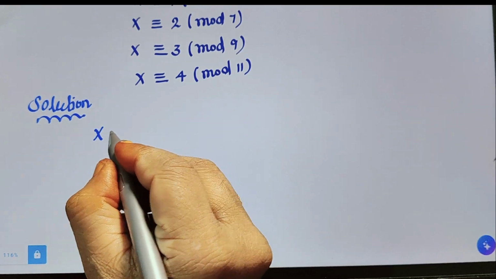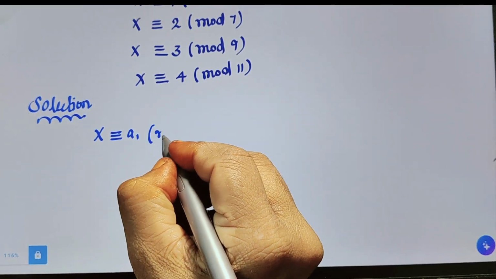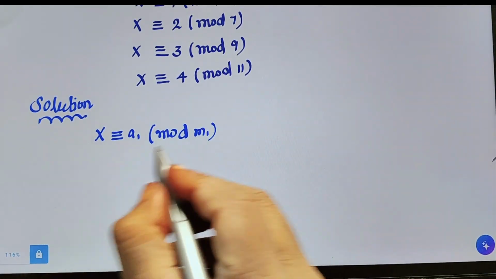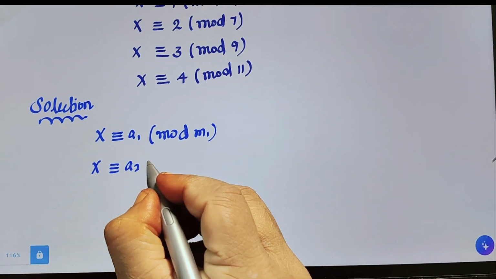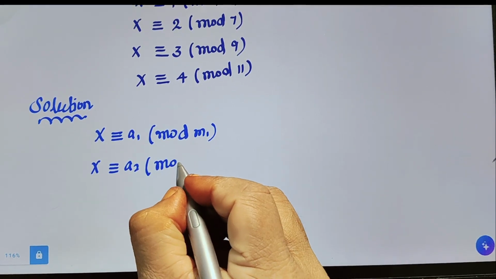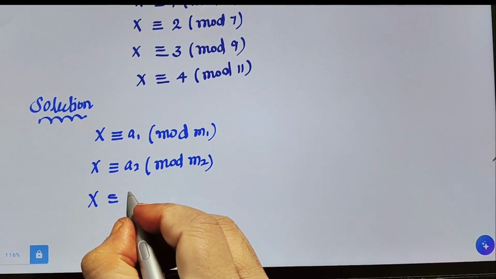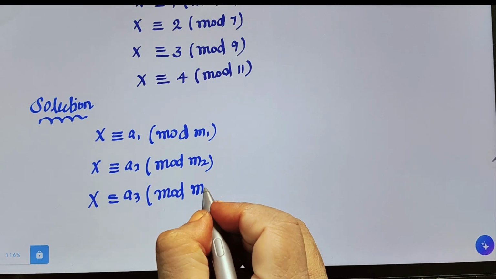Here x congruent to a1 mod m1, that's the general format. Then x congruent to a2 mod m2, then x congruent to a3 mod m3.